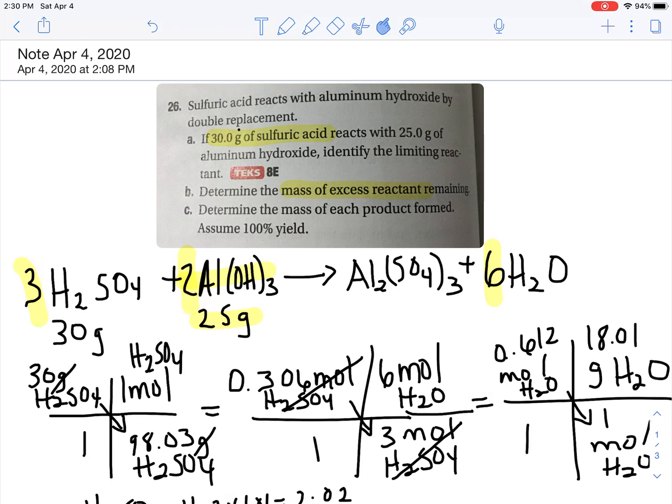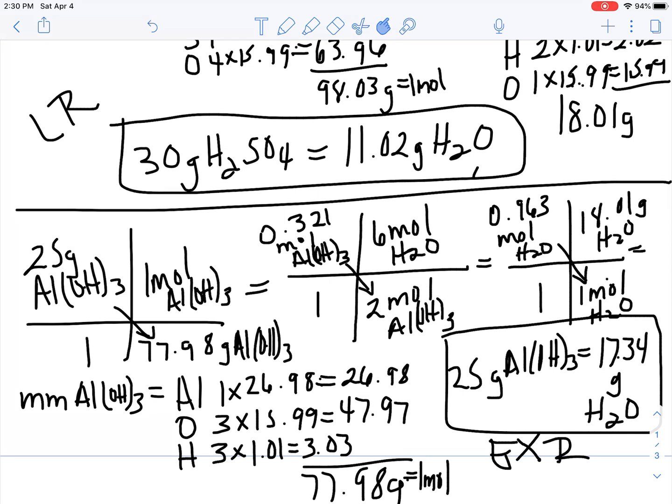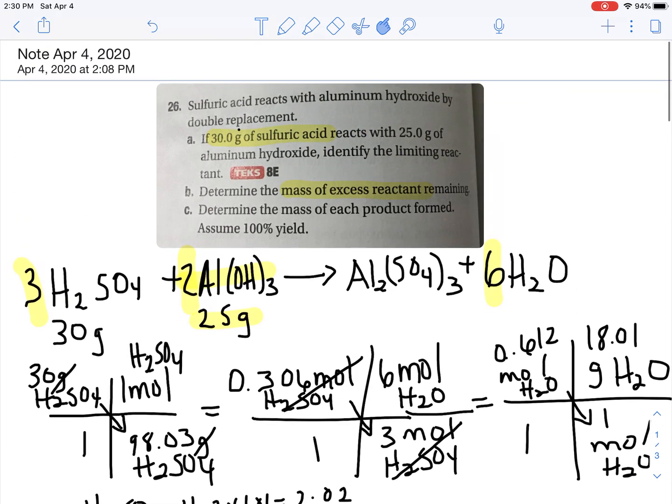We go back and subtract the answer we got for aluminum hydroxide, 17.34, minus 11.02, and that gives us an excess of 6.32 grams. So that would be the answer for the second question. And then it says to determine the mass of each product formed, assuming 100% yield. Well, I'm not going to do that one. It's going to take too long, so we'll just leave it at that.